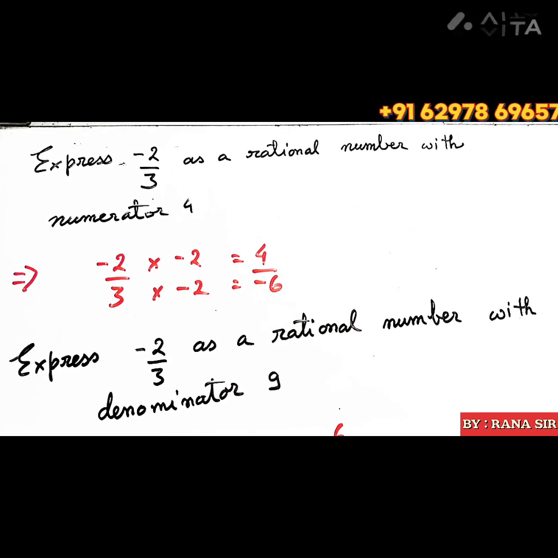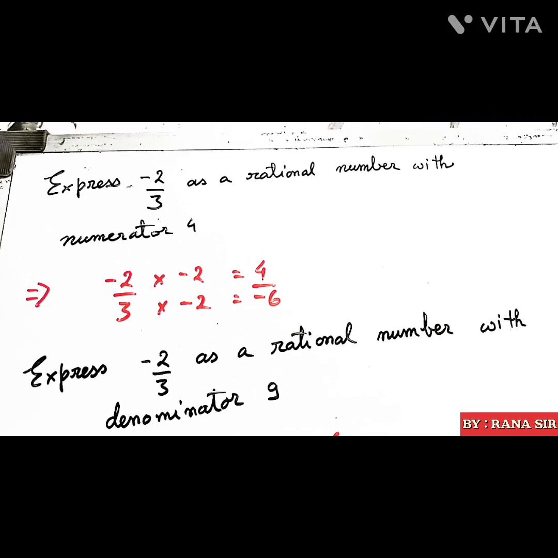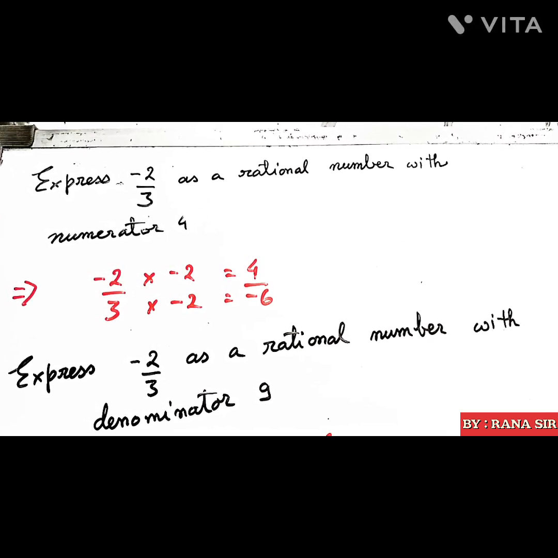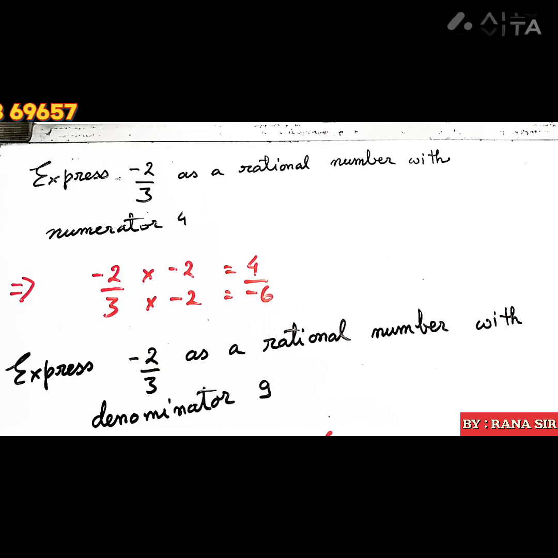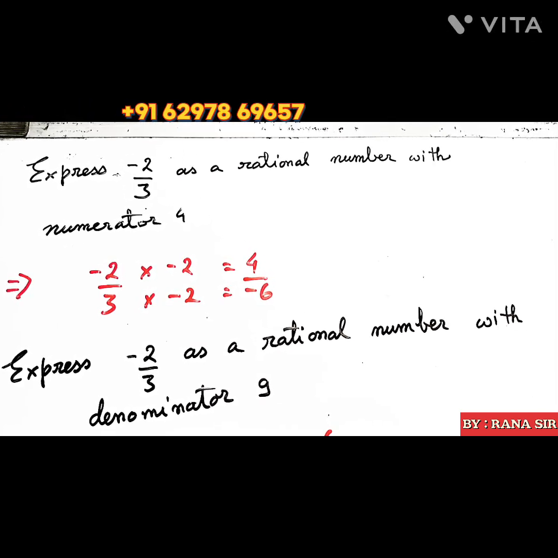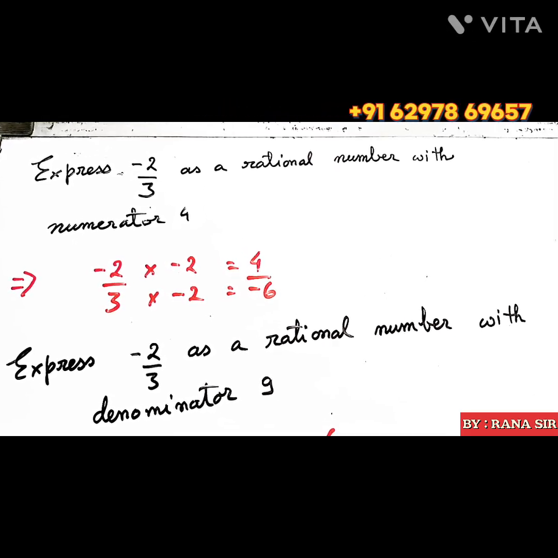So understanding equivalent fractions and divisibility tests, let us understand with the help of an example. Express minus 2 by 3 as a rational number with numerator 4. What does this question state?